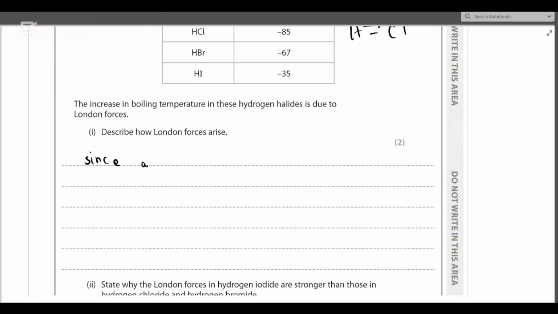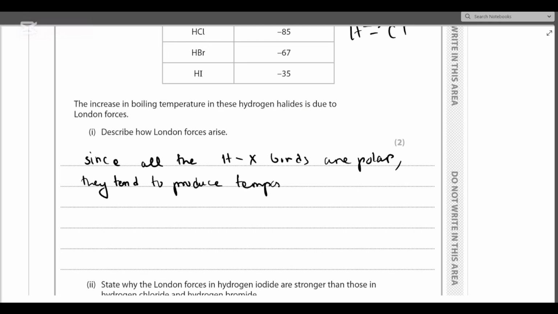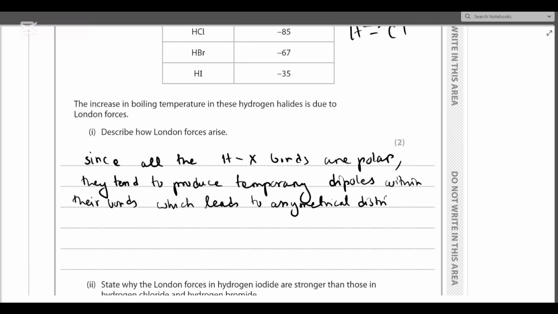Since all the HX bonds are polar, they tend to produce temporary dipoles within their bonds, which leads to asymmetrical distribution of electrons within these bonds.